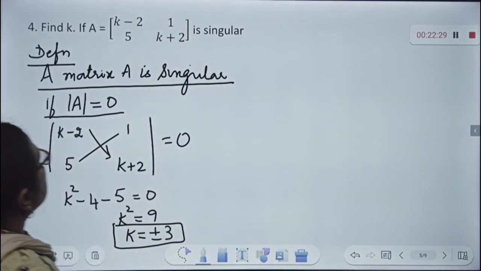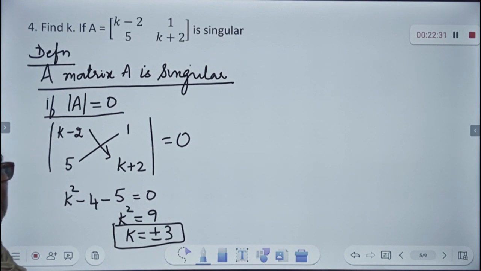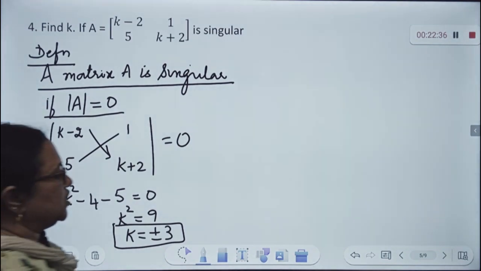Then we saw what was a singular matrix. A matrix is singular if determinant of A is 0.